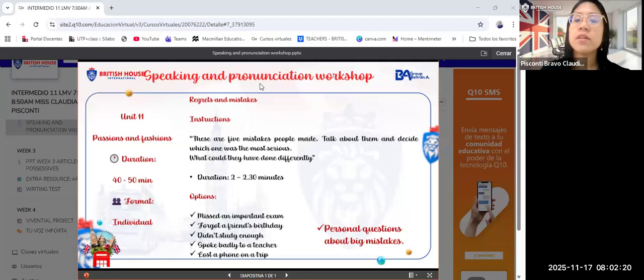Let's remember this workshop is about talking about 5 common mistakes people usually make, and then I'm going to ask you about decisions you regret. You have to talk about them all, and then tell which one is the most serious, according to the consequences or the impact they have on a person's life.